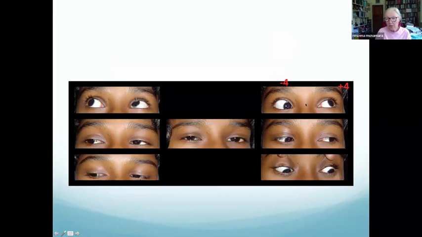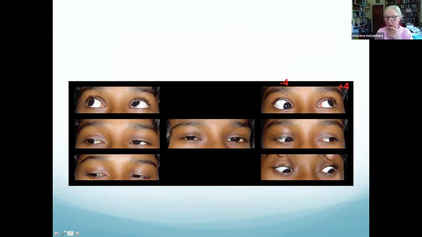But when she tries to look up to her left, we can see that her right eye doesn't elevate, and it doesn't elevate at all. It hasn't gone beyond the center. So we call this -4. So this is your primary muscle underaction. And the secondary overaction of the synergist is usually by an equal amount.